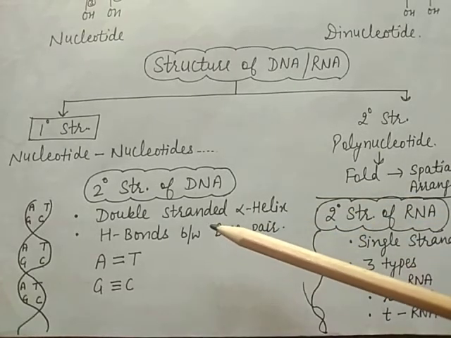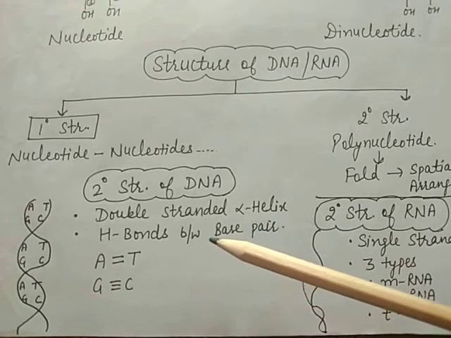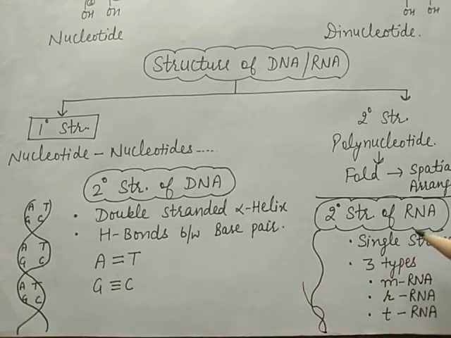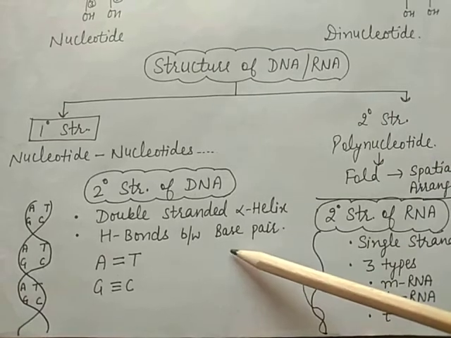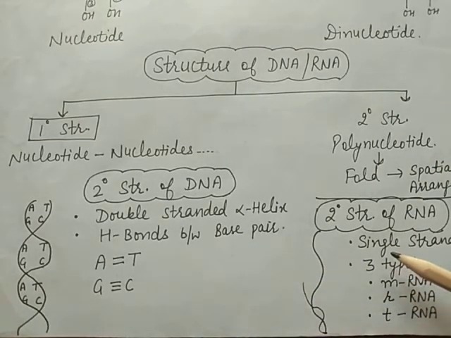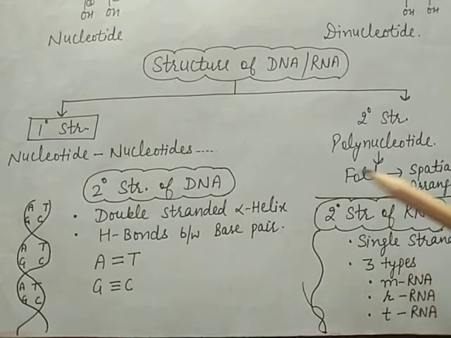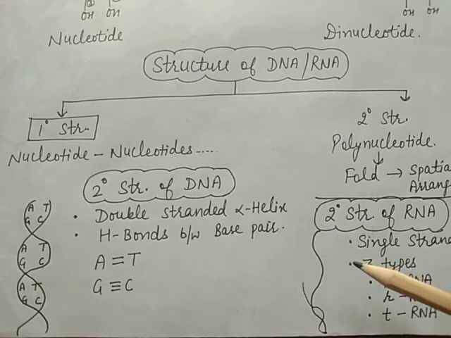Second, DNA contains thymine, adenine, guanine, cytosine, but RNA contains uracil, adenine, guanine, cytosine. DNA has a double-stranded alpha helix structure, but RNA has a single-stranded alpha helix structure. The DNA molecule is very large, while RNA molecules are very small.